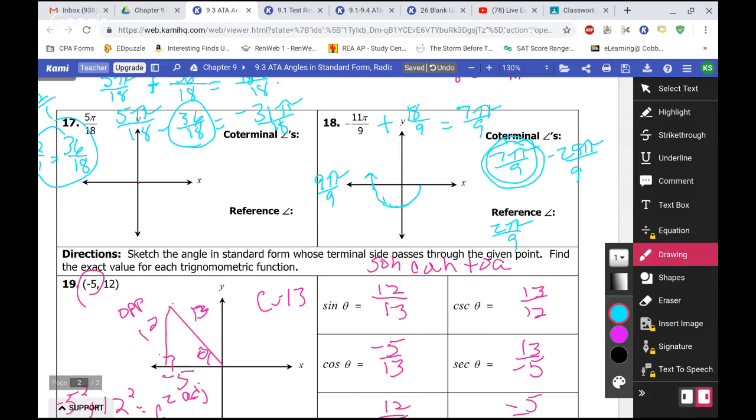Do you see where I get the 9 pi over 9? You added 2 because you had to move 2 extra pi. Yeah, I added 2 because I moved, but the 9 pi over 9 is just because that is pi, just like 18 over 9 is 2 pi, 9 pi over 9 is just 1 pi. So that's my 180 side, and this is my 360 side.